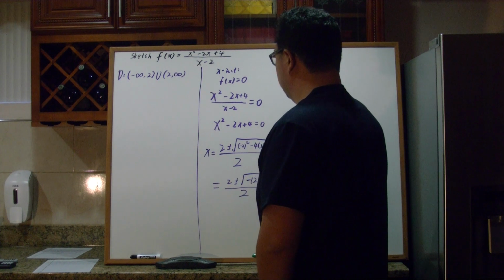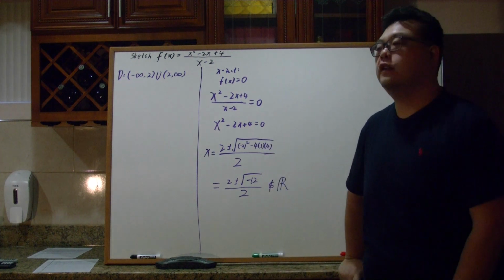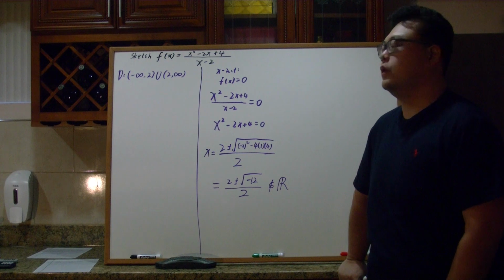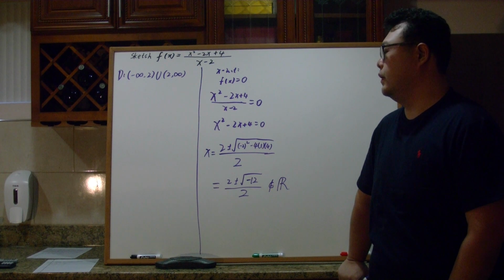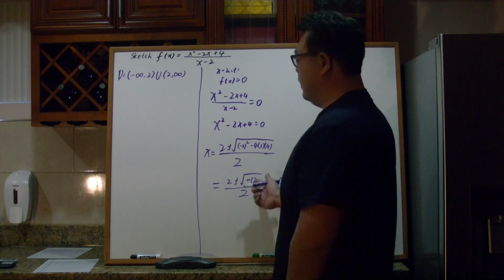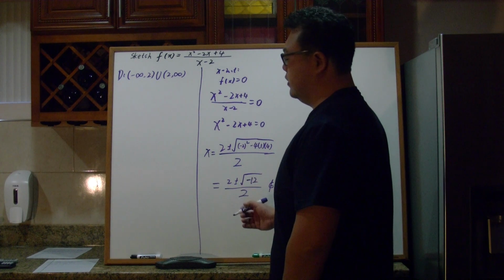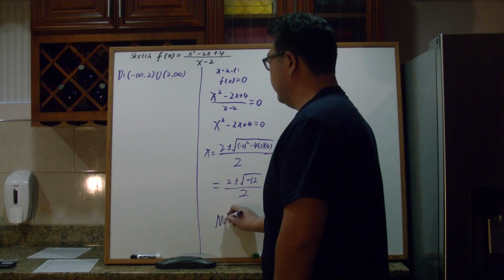It's not real, and our function was defined from real numbers to real numbers. The subdomain of the real numbers has to be real, but we have a complex number here, so we have no solution.